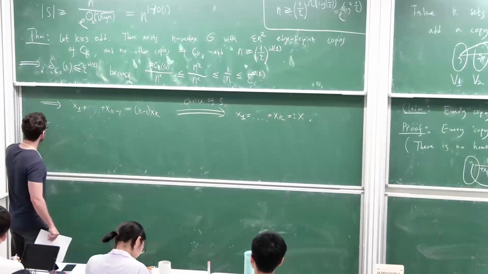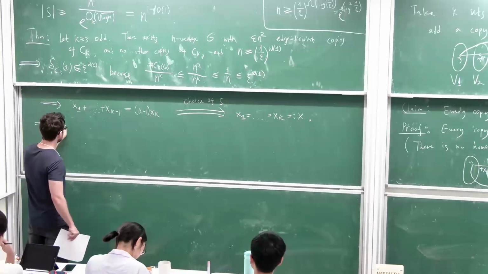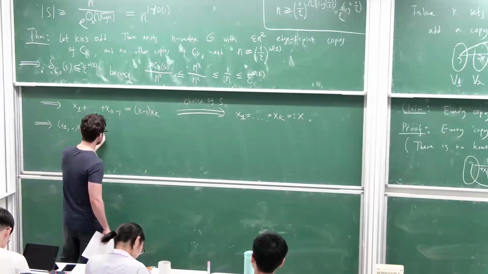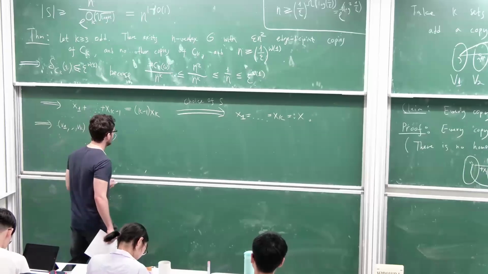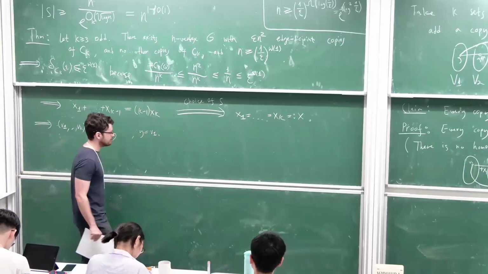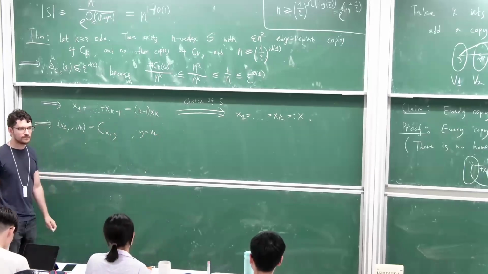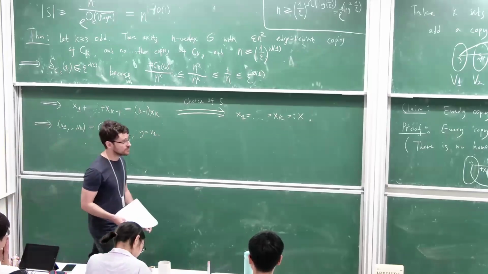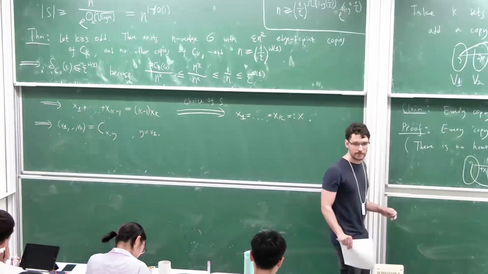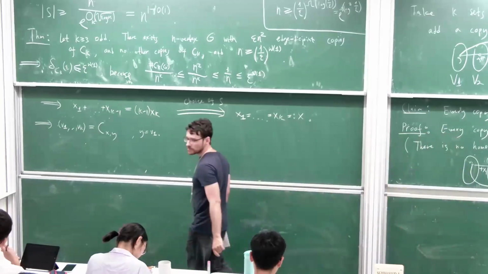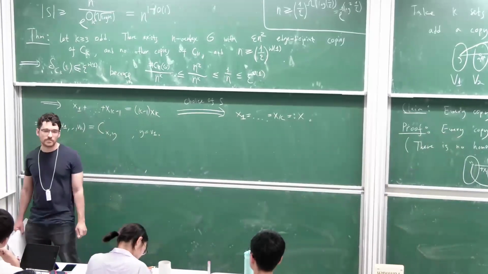So what this means is that actually V1 up to Vk is equal to the copy P x1 or Px. Okay, so the only copies we can have are the original copies. And this proves this. Any questions?